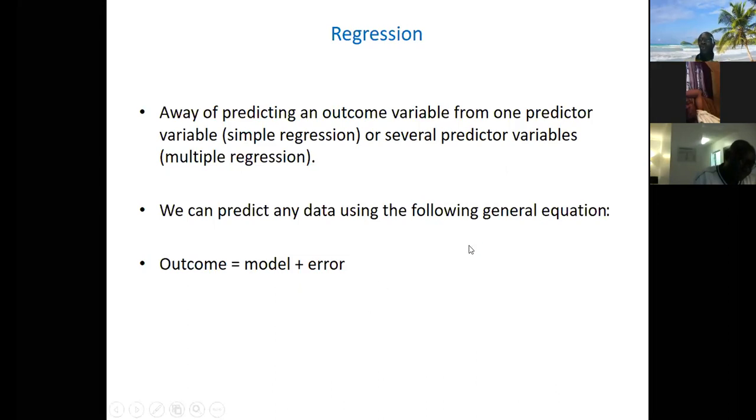Especially if you put one variable as predictor, one variable may not be able to explain everything about that outcome variable. Then if you put two variables as predictors, it will explain more. So you add another one, until you are able to explain it. That is where the coefficient of determination comes in.